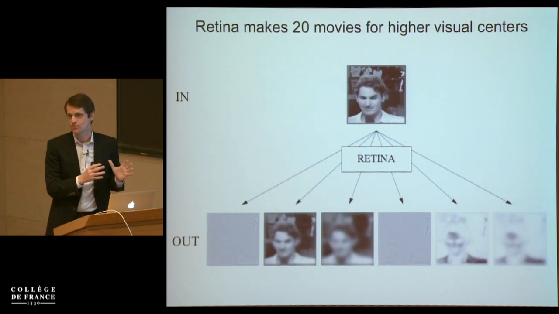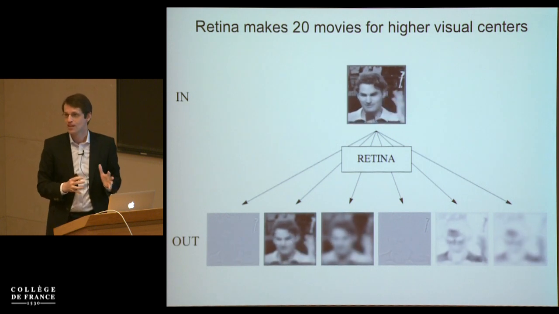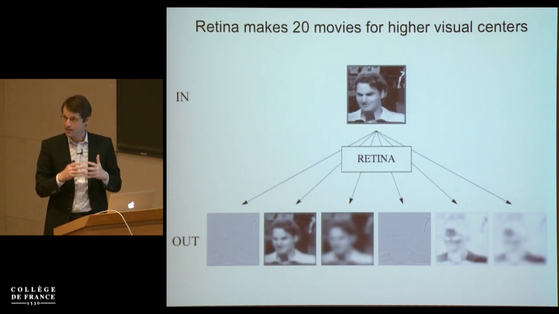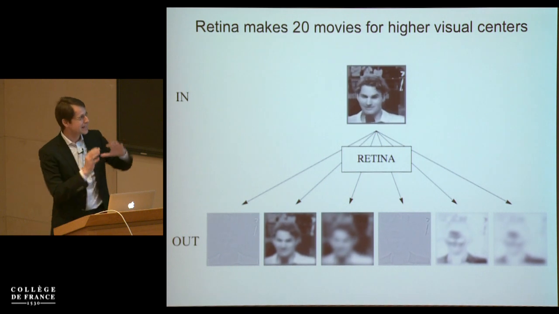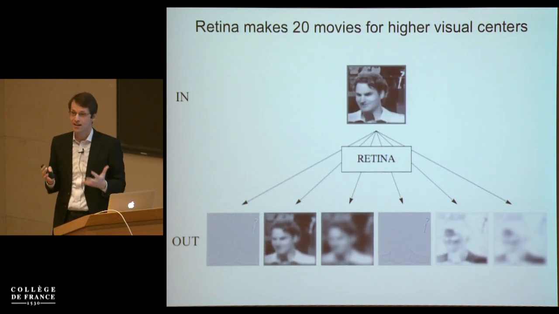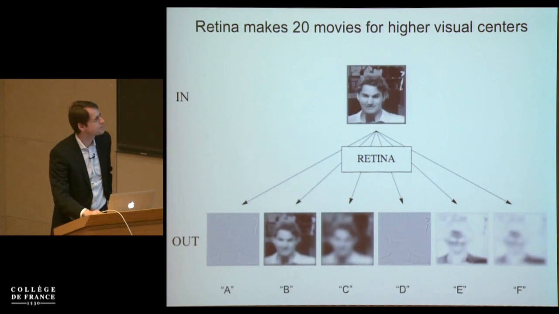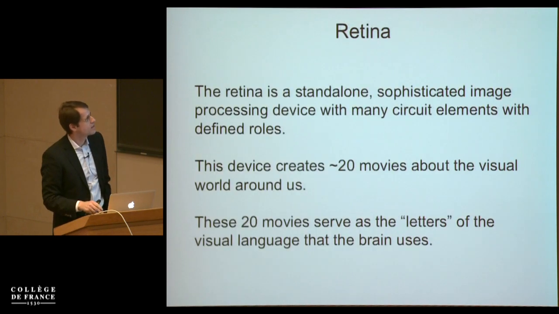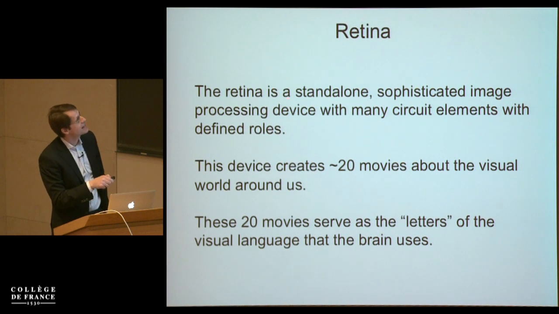Many of these representations, indeed, have to do with motion. So what I would like to do now, after this introduction, is show you some real features that a real retina calculates. Just one summary point: the retina is a standalone, sophisticated image processing device.